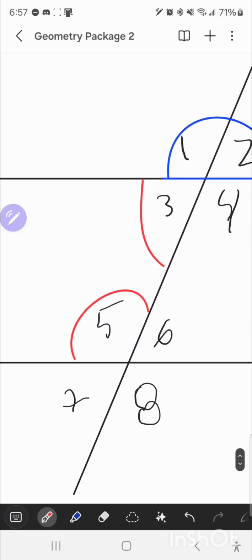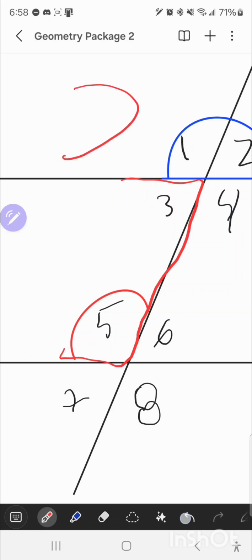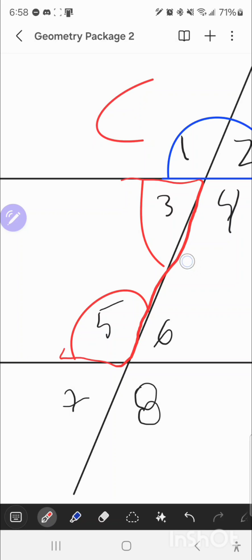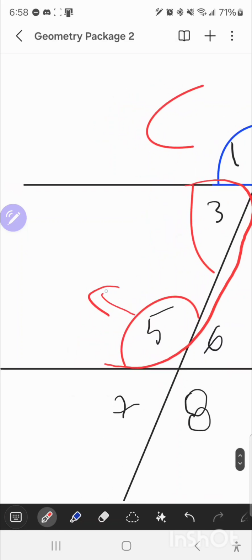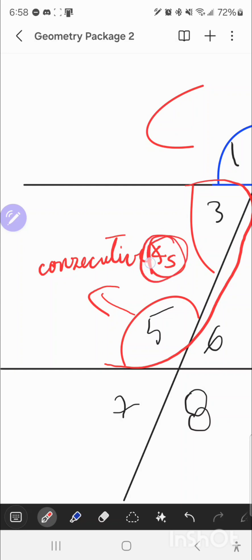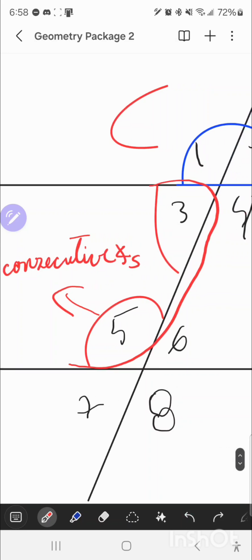And what I use to remember them is that you can draw a C. Actually, this is a C, I'm just drawing it to the other side because I selected 3 and 5, but it will be like this, a C. And you can see that the two that are inside are going to be consecutive angles. And just for you to know, this sign just means angles, so it doesn't mean anything else.